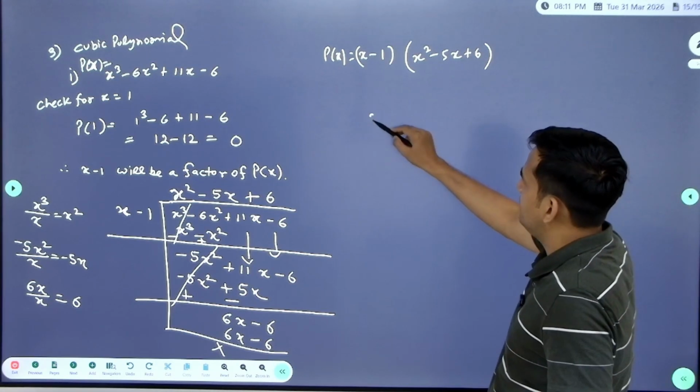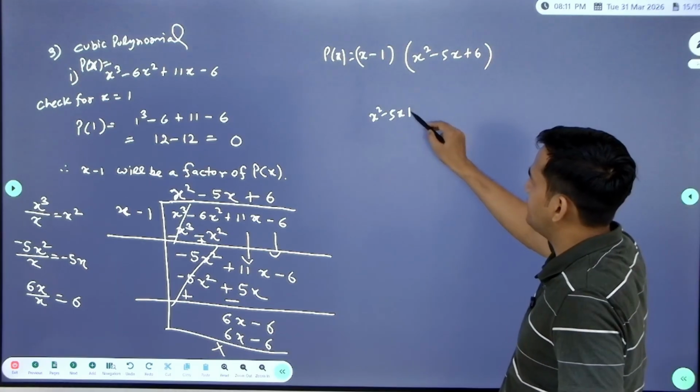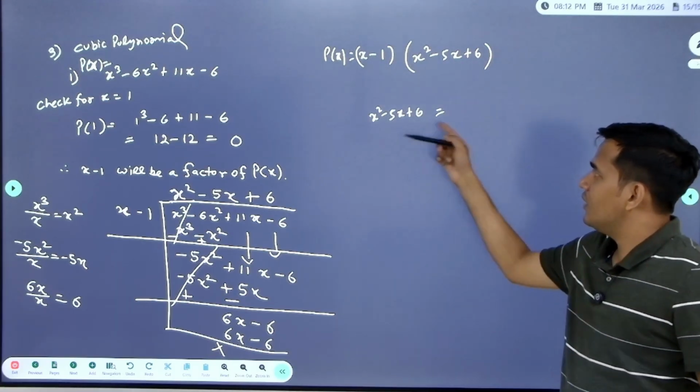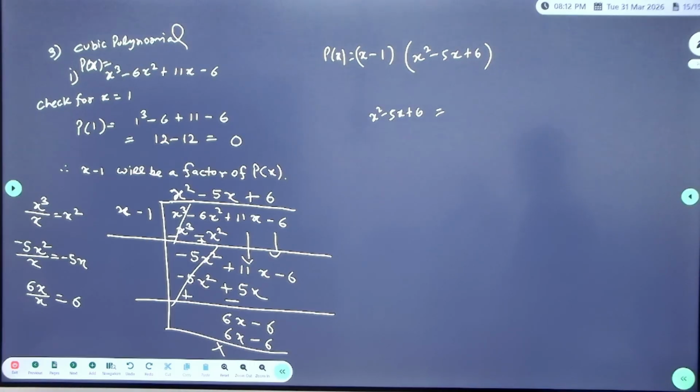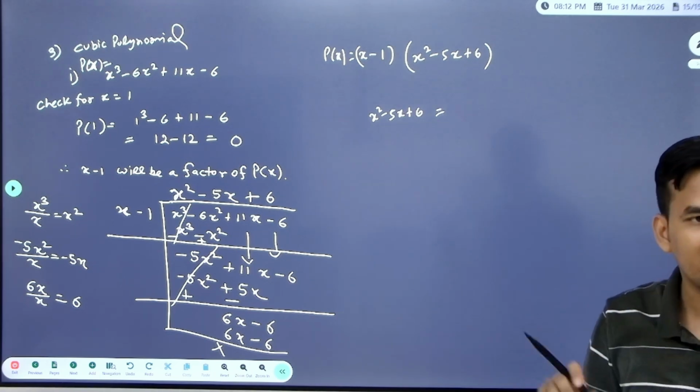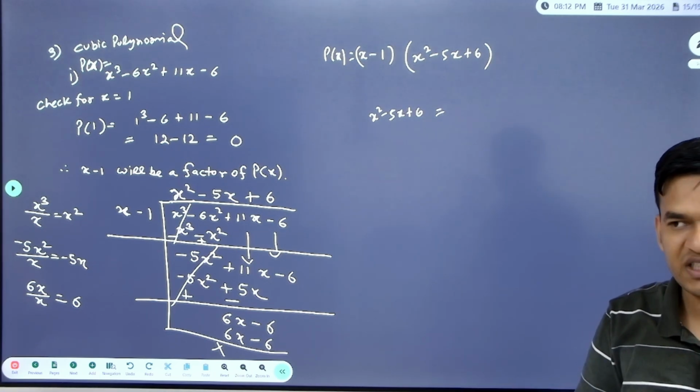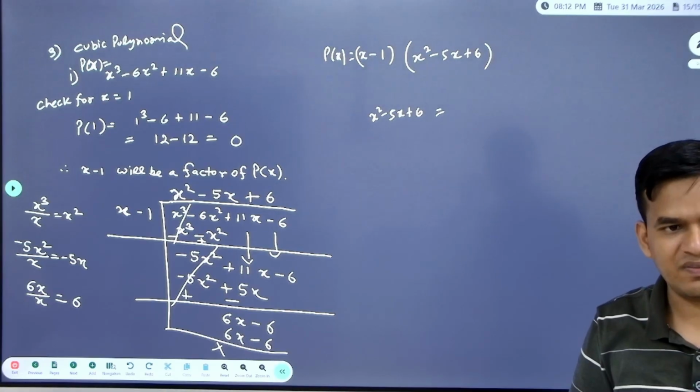So find x square minus 5x plus 6. Multiplication 1 into 6, 6 is positive. So we have to find factors of 6 such that their addition is 5.